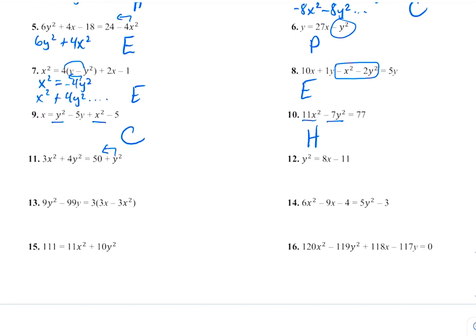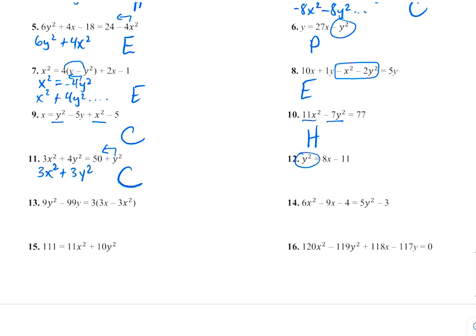If I move my y squared over, I'll have 3x squared minus y squared, and then my other stuff. When I move this over, I'm actually combining it with this y squared, so that would make it plus 3y squared. So now I have two squared terms that are both positive with the same coefficient, so that's a circle.